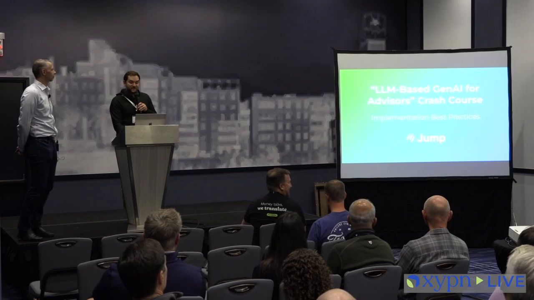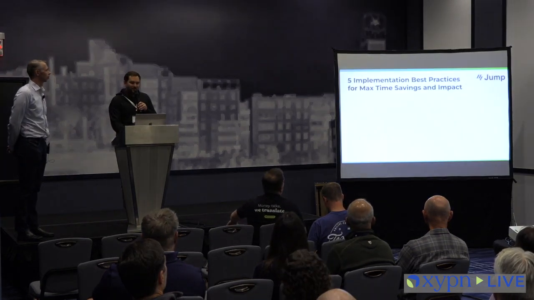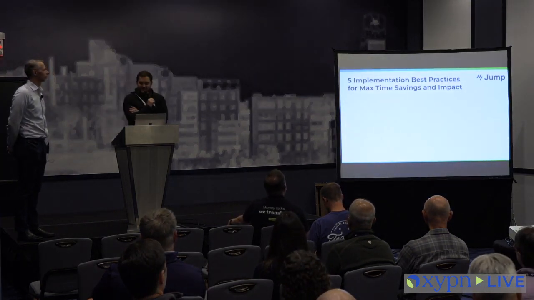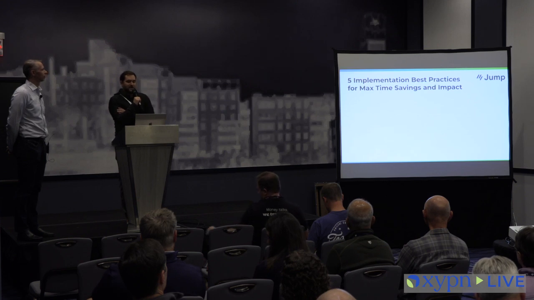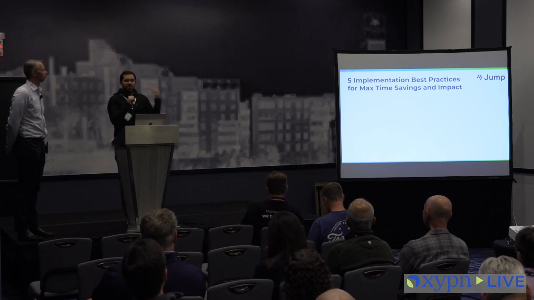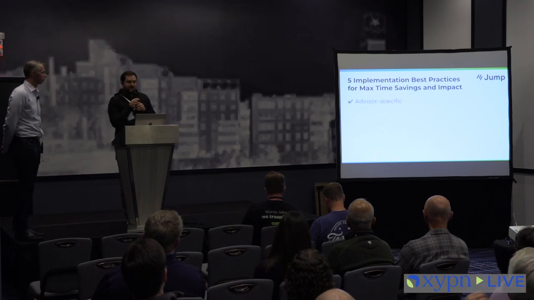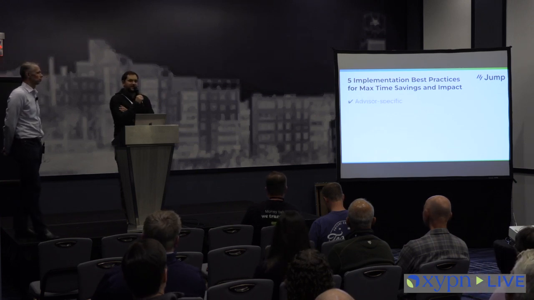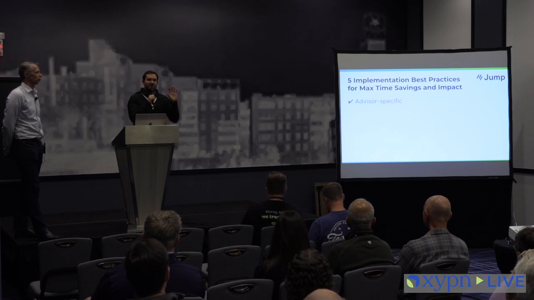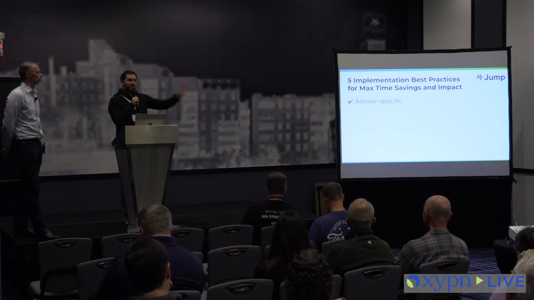All right. So, just a couple things before we dive into the how and what. A couple of implementation tips when it comes to applying AI to your meeting cycle. These tips assume that your goal is to save as much time as possible.